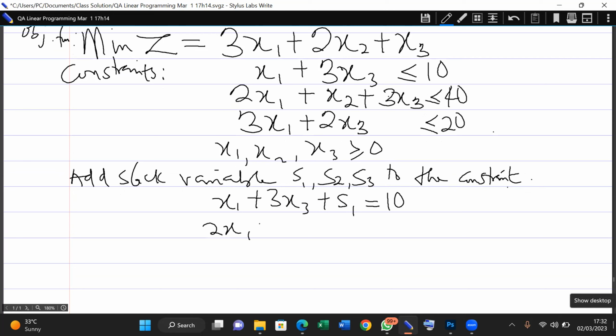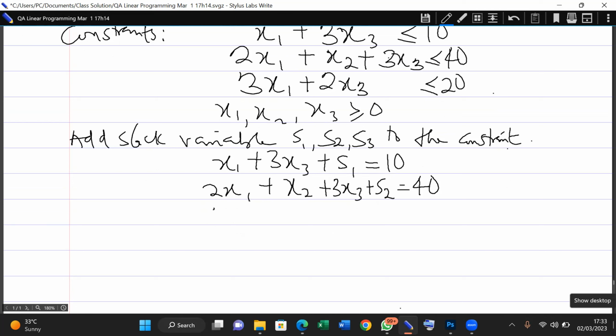Our 2x1 plus x2 plus 3x3, then you will add slack variable 2 equal to 40. Are we getting that?